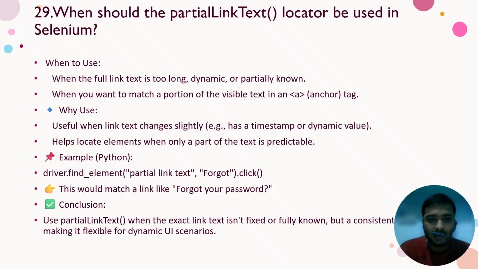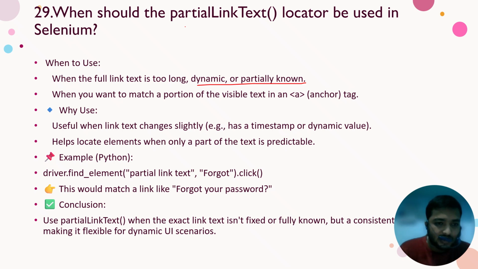When should the partial link text locator be used in Selenium? When the full link text is too long or dynamic and only partially known, when you want to match a portion of the visible text in an anchor tag.